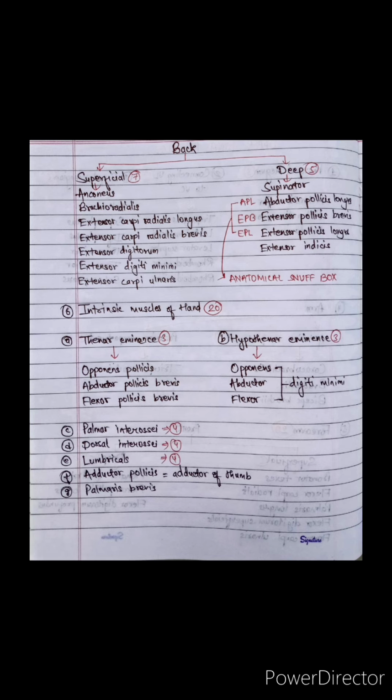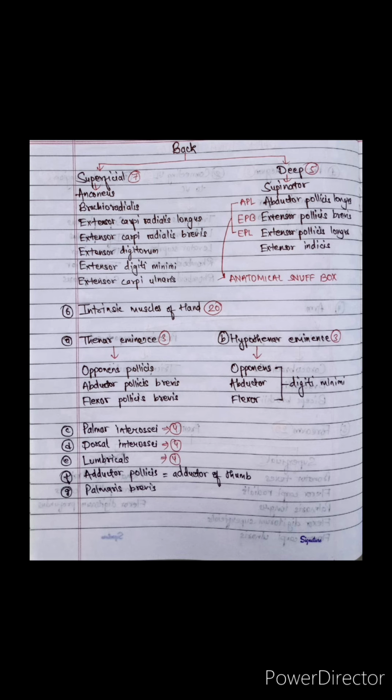And the muscles in the deep region are supinator, abductor pollicis longus, extensor pollicis brevis, extensor pollicis longus, and extensor indicis, which are 5 in number. So here the abductor pollicis longus, extensor pollicis brevis and extensor pollicis longus form the anatomical snuff box.